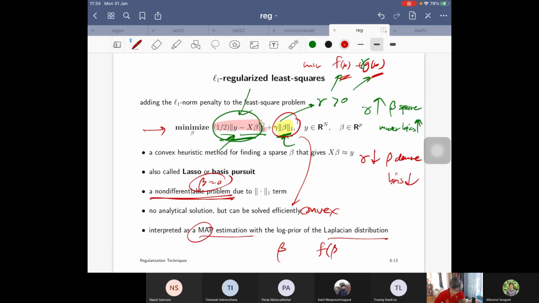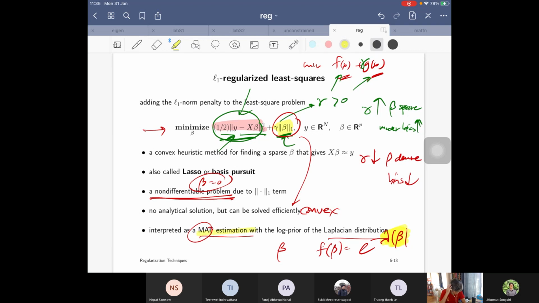The Laplacian distribution is an exponential family function, but unlike Gaussian, where the exponent is negative quadratic, for Laplacian the exponent is the negative of the absolute value of beta.